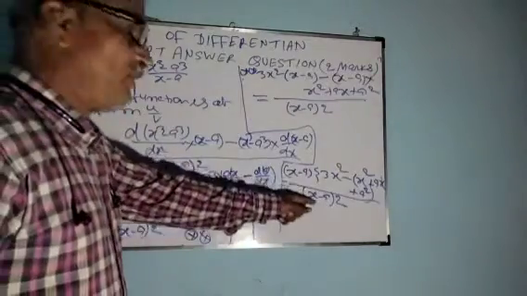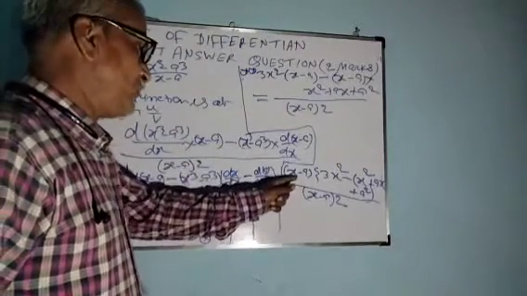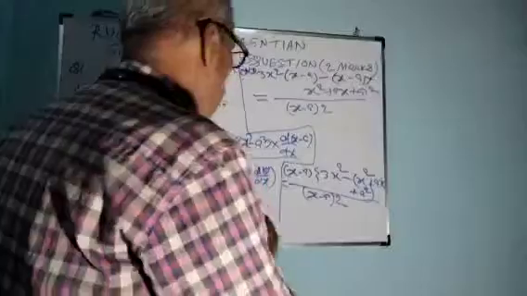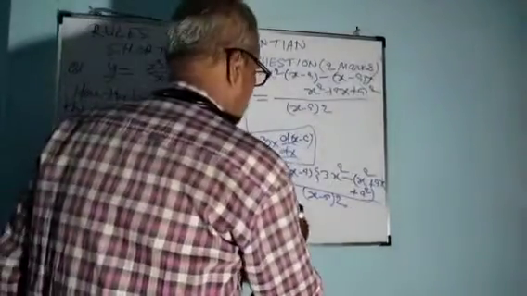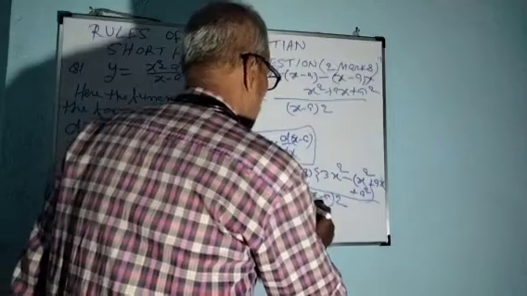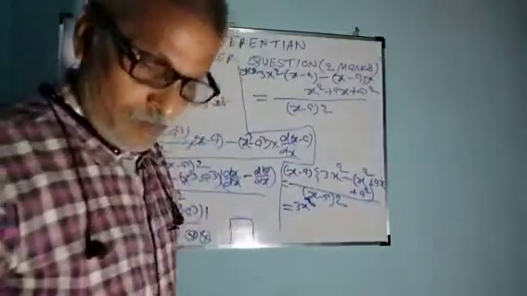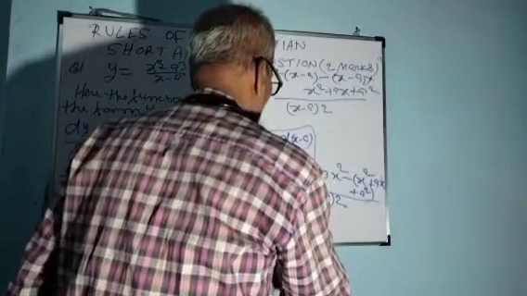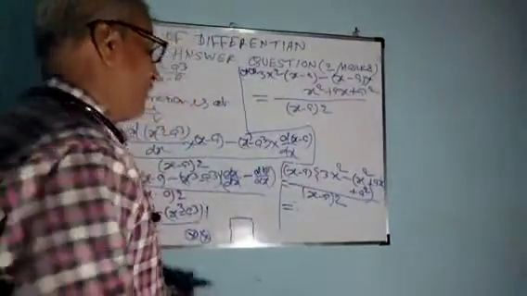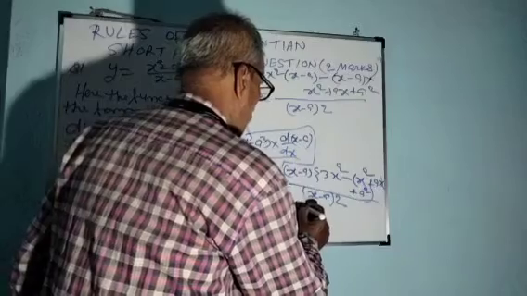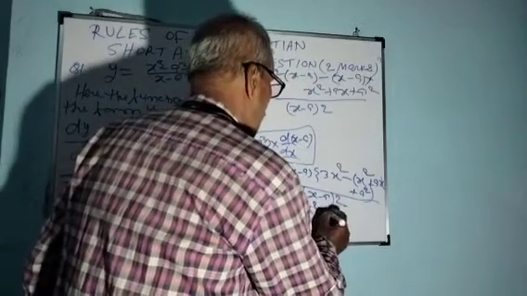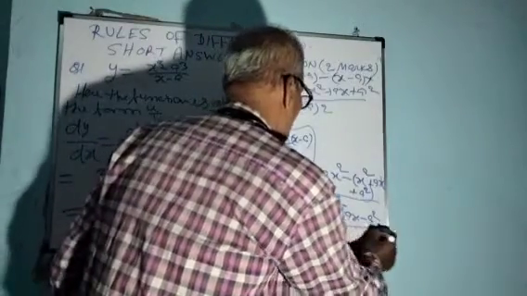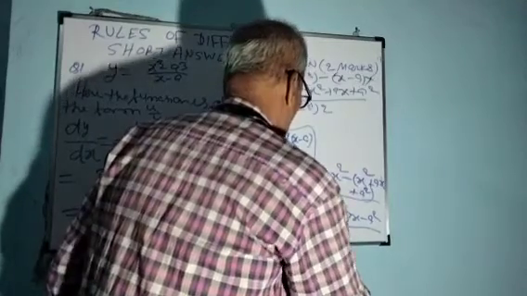One x minus a cancels with one x minus a in the denominator, and we have the result 3x square minus x square minus ax minus a square by x minus a.